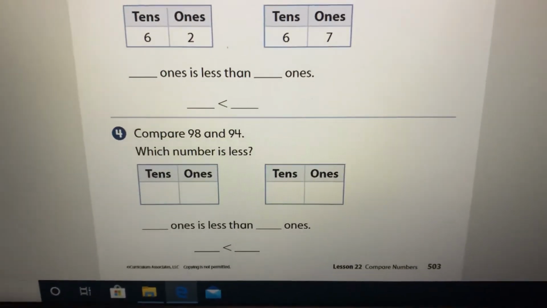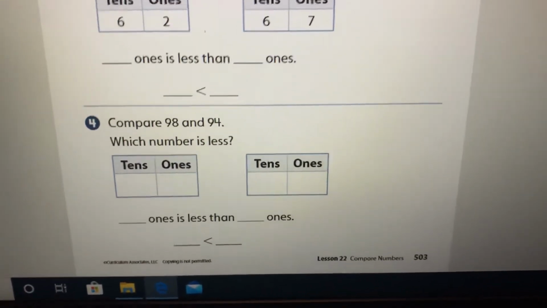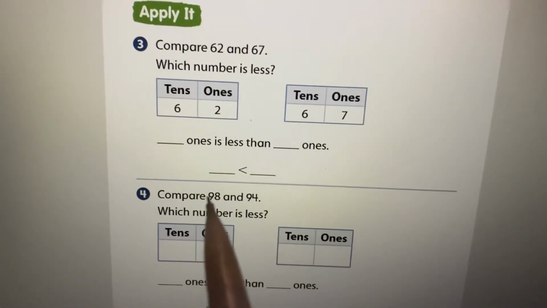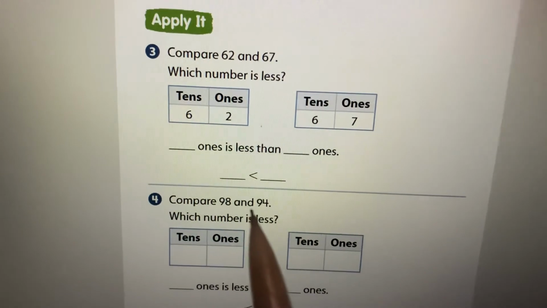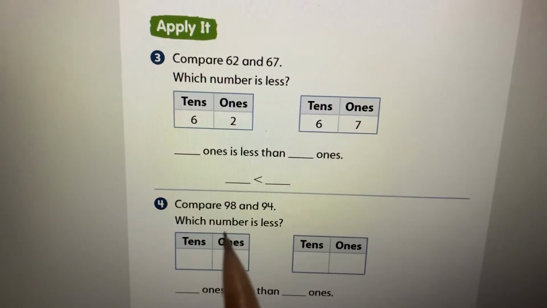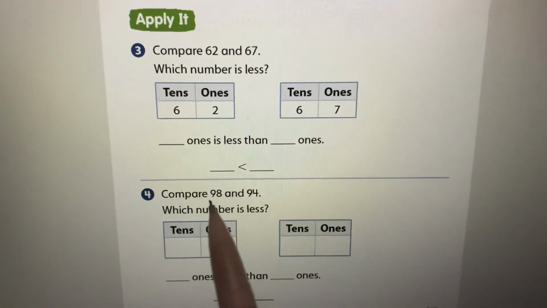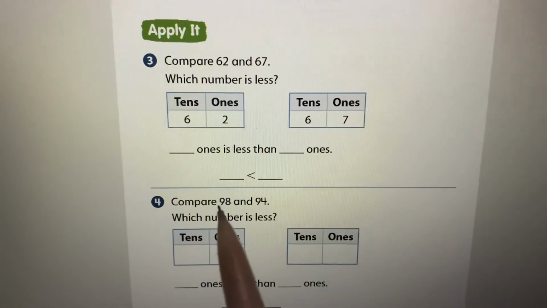Okay, now it's your turn. I'll help you with this part here. Compare 98 and 94. Which number is less? Okay. Let's look at 98 first.